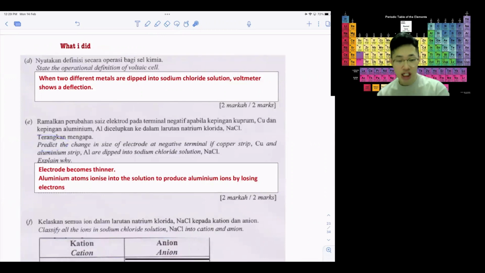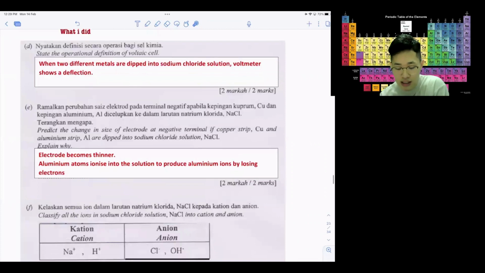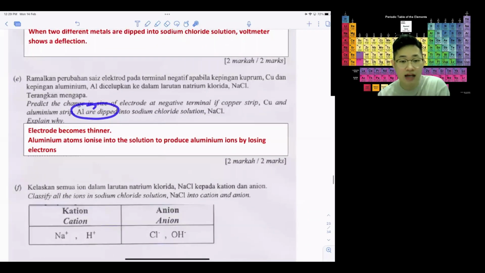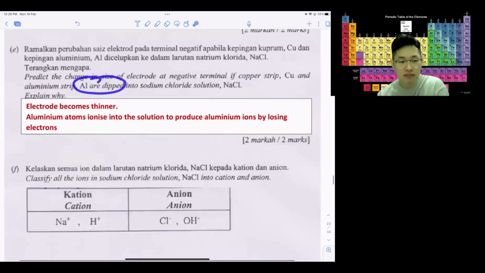Next, prediction. Change in the size of the electrode at the negative terminal. From your voltmeter, you should know which one is connected to the negative terminal. Here, this is aluminium. Aluminium is the negative. When copper and Al are connected together, Al will be the negative terminal.